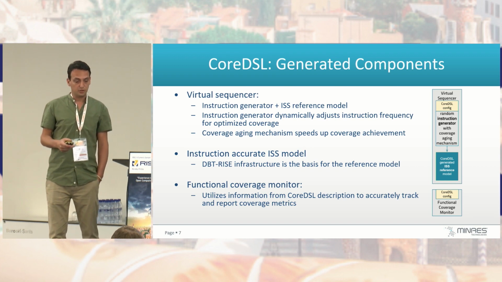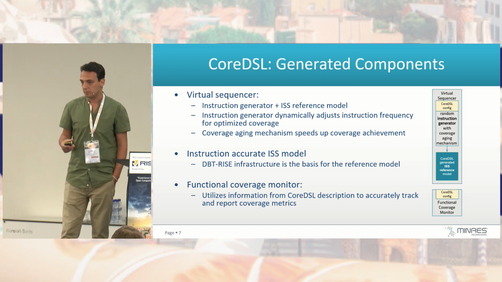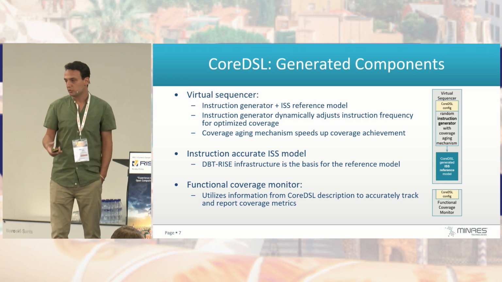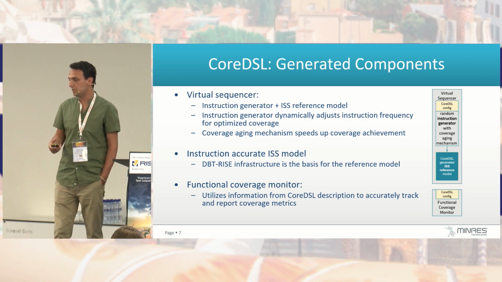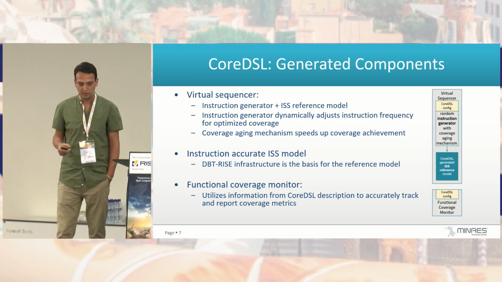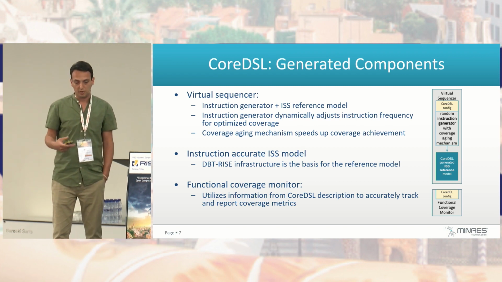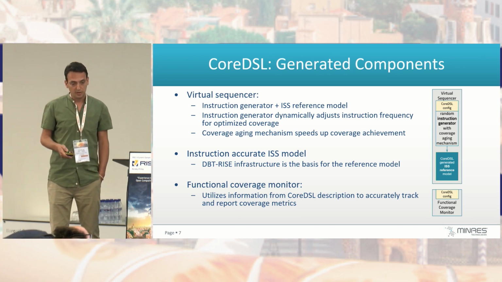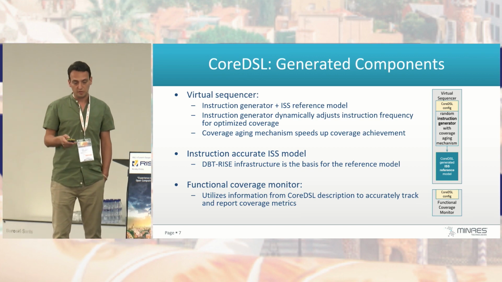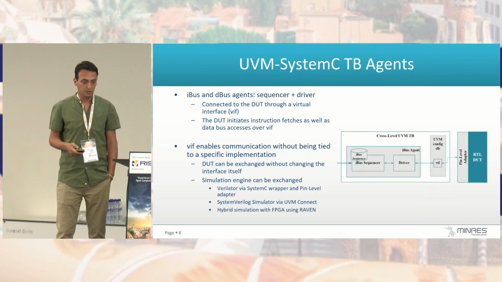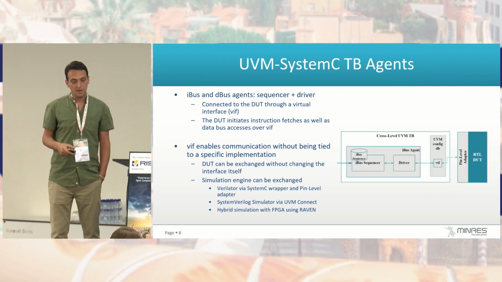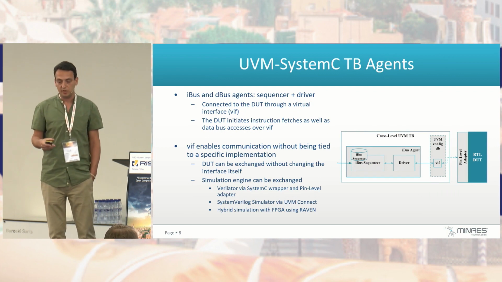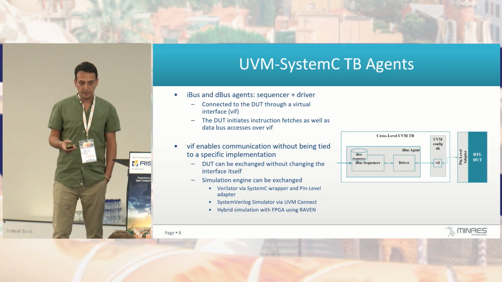And the functional coverage monitor also relies on the information provided by the CoreDSL description. It also needs the information about all the implemented instructions in this particular DUT to be able to accurately track and report coverage metrics. So the data produced in this virtual sequencer will be transferred to the IBUS and DBUS agents, and these agents are connected to the DUT over the virtual interface.